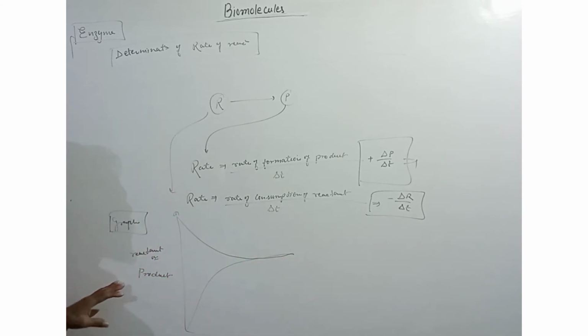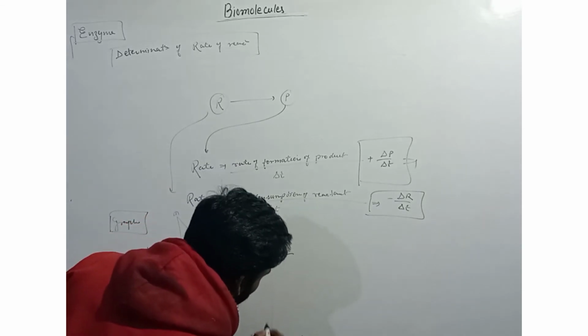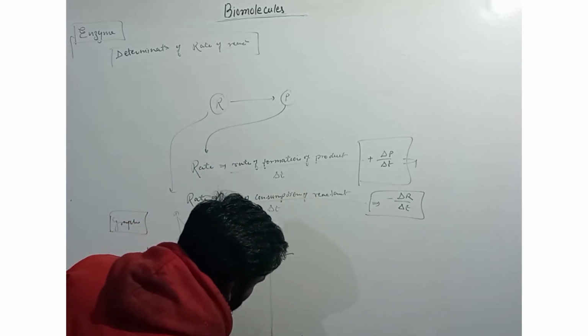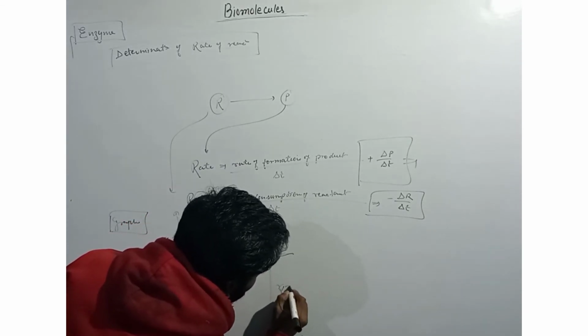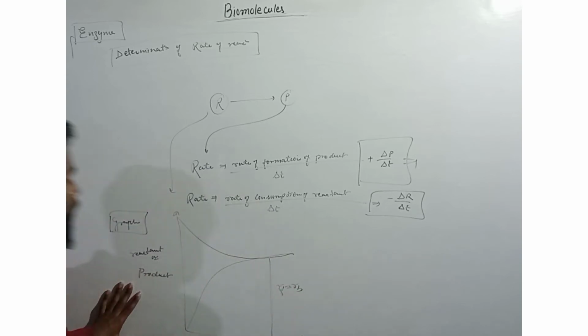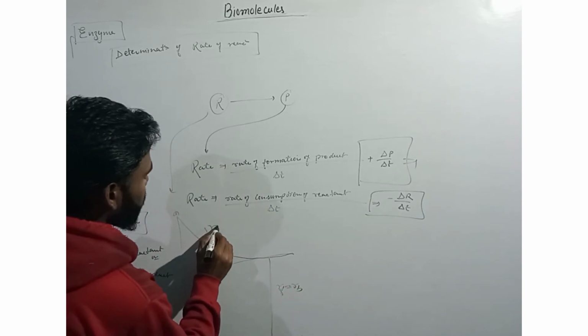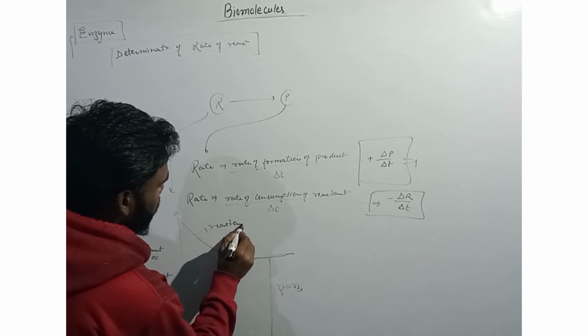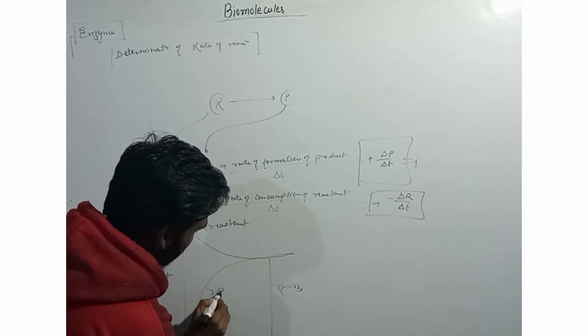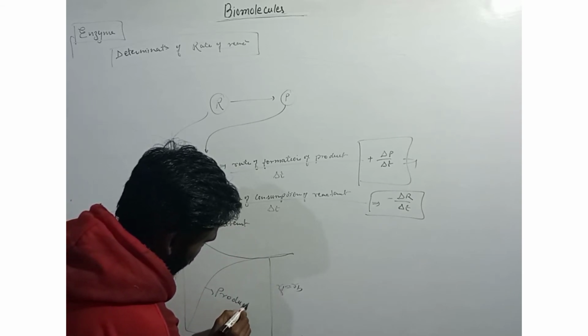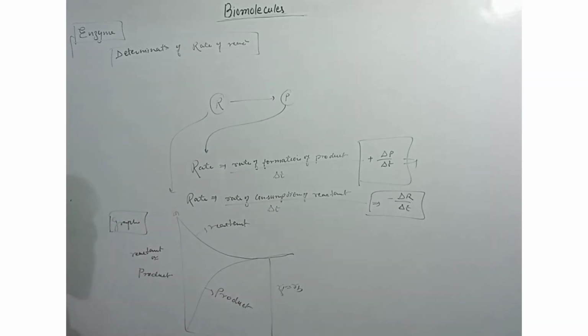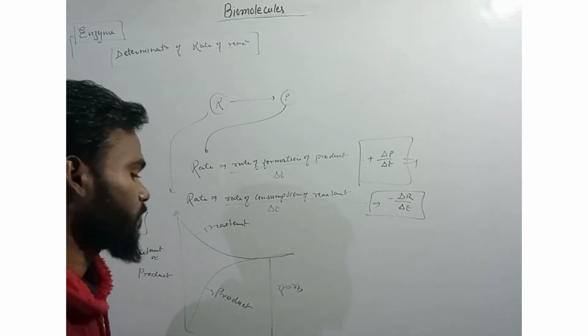One time will come when the rate of forward equals the rate of backward. This is the graph of the reactant and this is the graph of the product. Please remember, this graph is very important from the chemistry point of view. Now let's proceed further.